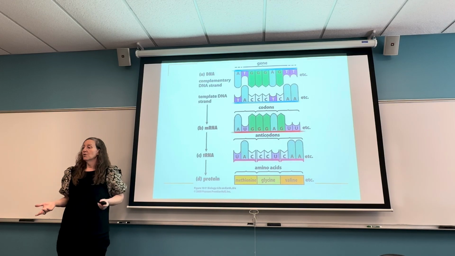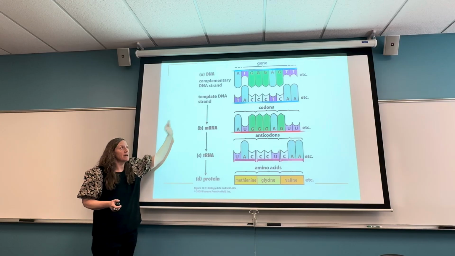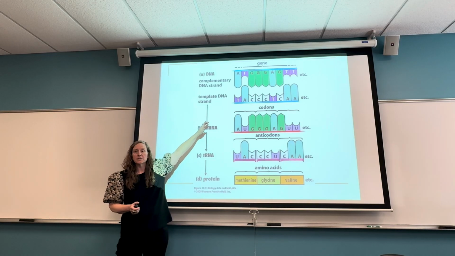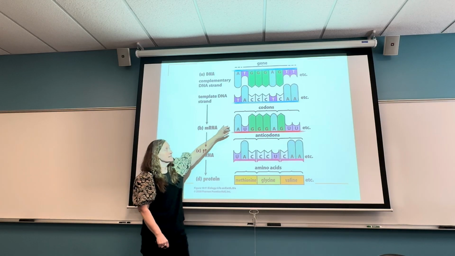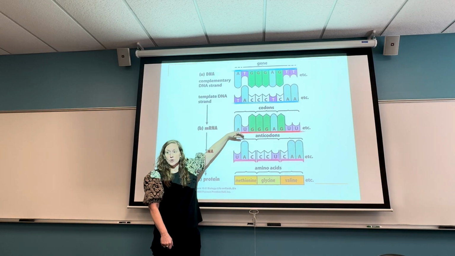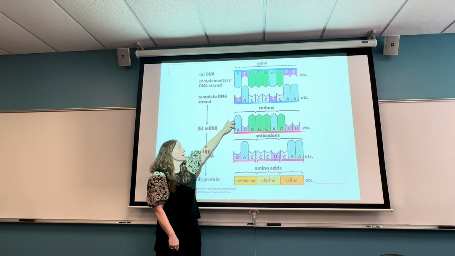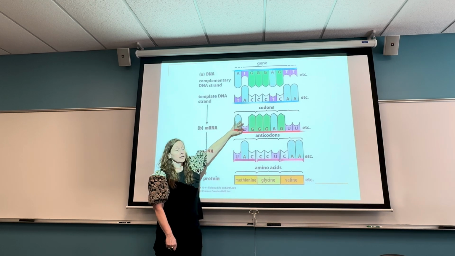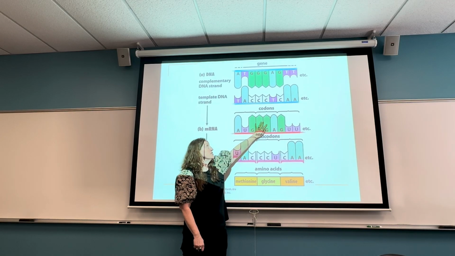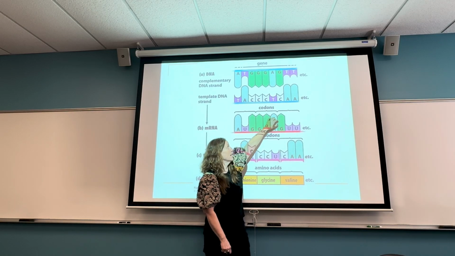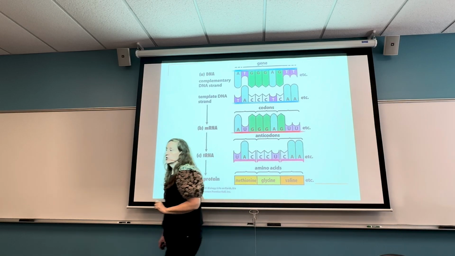So you will know on the exam, if I say this DNA is double-sided, I will tell you that is the template strand. I will tell you which side it is. The template strand gets complementary mRNA transcript. So the T is going to complement A, the A is going to complement U, C gets complementary G, T complements A, C complements G, and those two A's get complements of U.